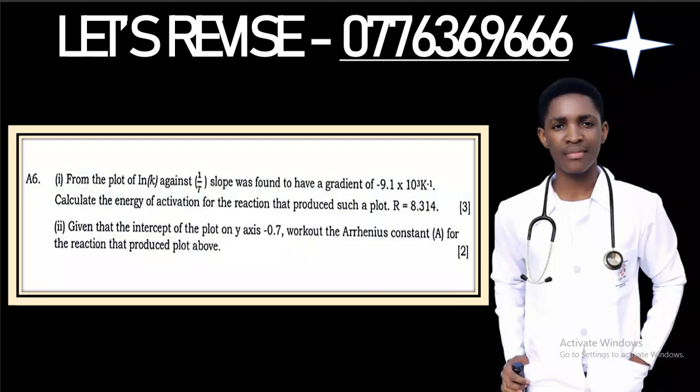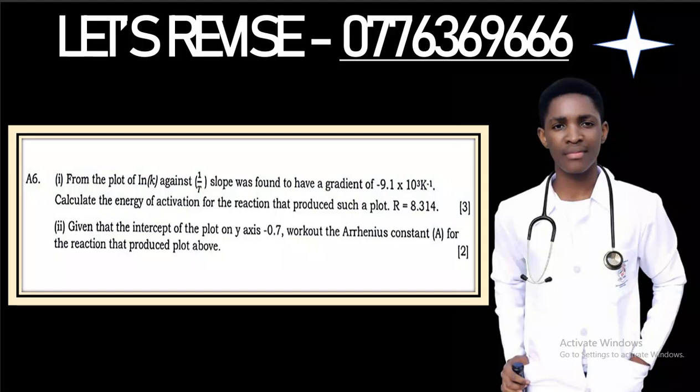So question 6. The question leads from the plot of ln k against 1 over temperature. The slope was found to have a gradient of -9.1 times 10 to the power 3 per Kelvin. Calculate the activation energy for the reaction that produces the plot.